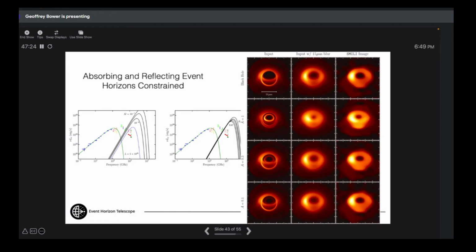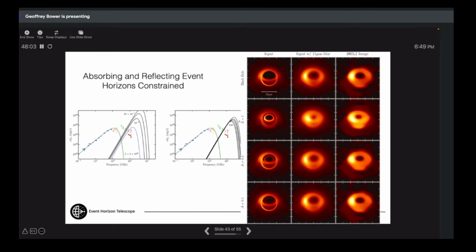with an event horizon. On the right, we explore models of not an absorbing surface, but a reflecting surface. So imagine that the radiation that is produced outside of the event horizon is somehow incident on the event horizon surface, but that surface is reflective of millimeter waves. And you can ray trace that and make predictions about what kind of image we would see.